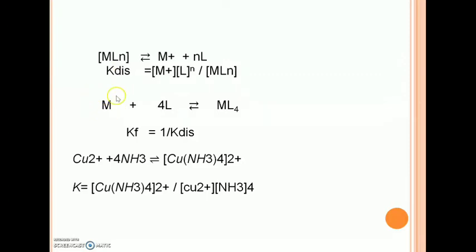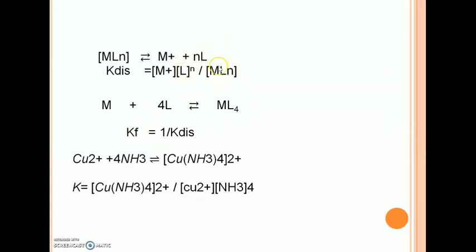We can represent it like this: the central metal ion combines with ligands to form a complex ML4. Here we reverse the reaction. In this, the equilibrium constant is represented as the formation constant, because the metal complex is formed. We can also write this formation constant in terms of concentration.